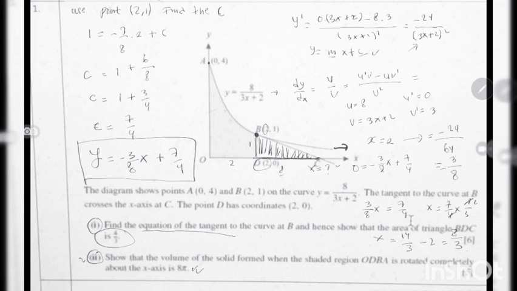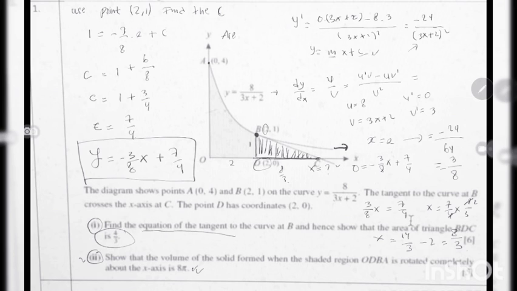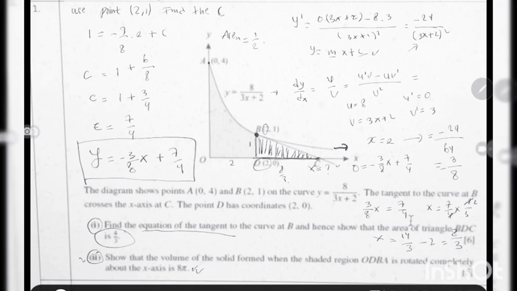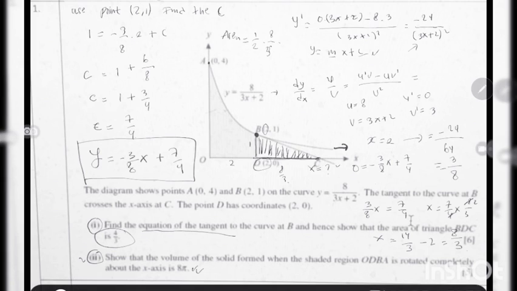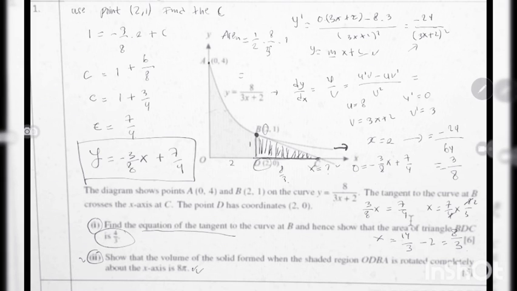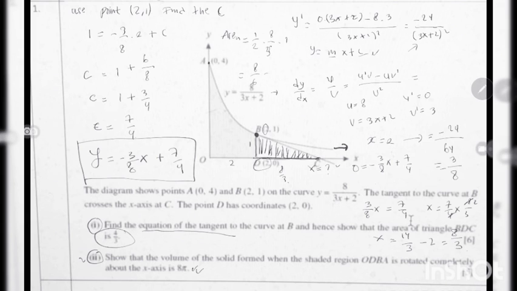To find the area of this triangle, what is the formula of the triangle? Area equals 1 over 2 times base. Let's say our base is 8 over 3. You multiply with the height. Our height is 1. So it means that we have 8 over 6, which is 4 over 3.